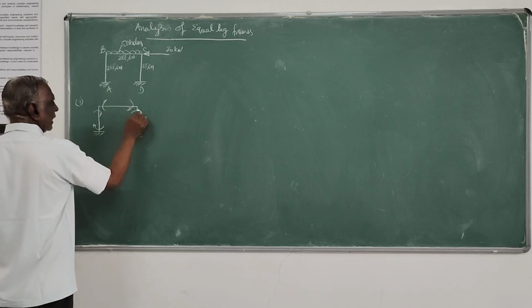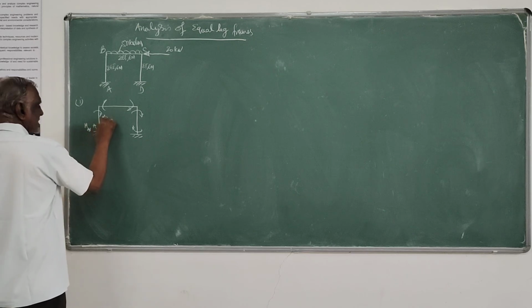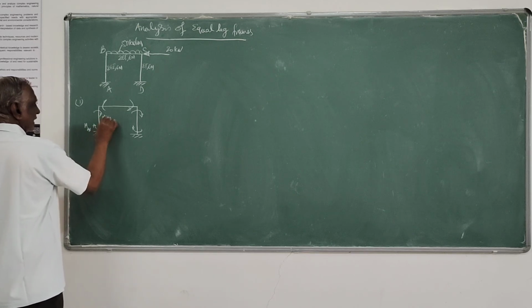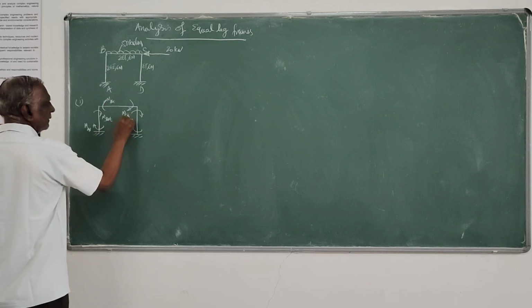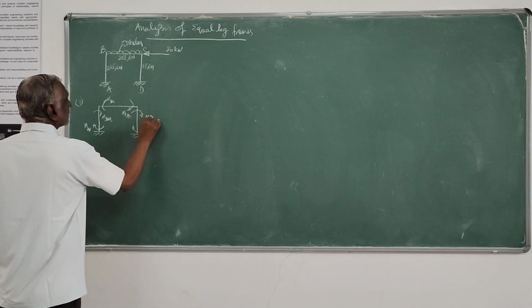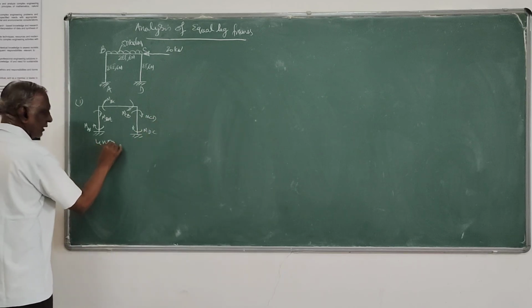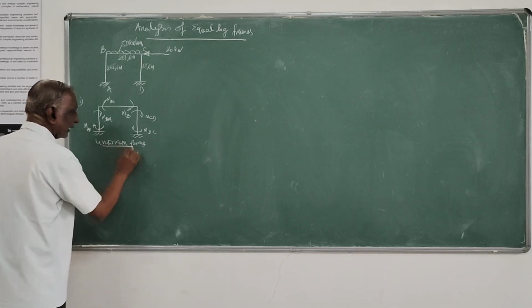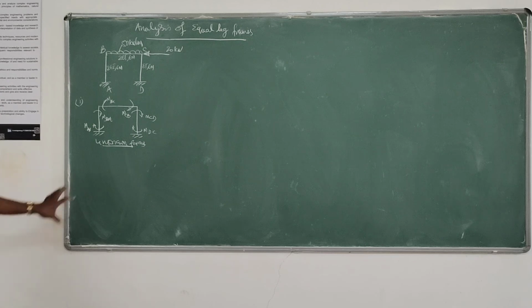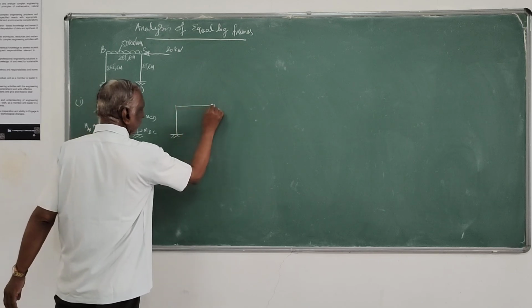So these are the unknown moments: MAB, MBA, MBC, MCB, MCD and MDC. These are the unknown internal forces which we have to determine during our analysis by this Kani's method, that is the static indeterminacy. And let us find out the kinematic indeterminacy of this particular frame.